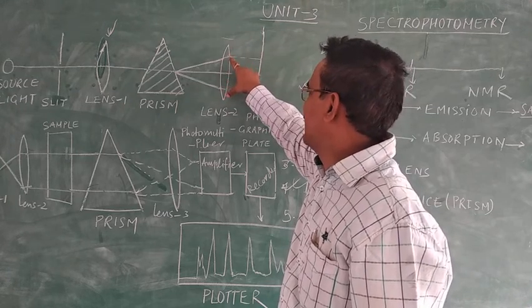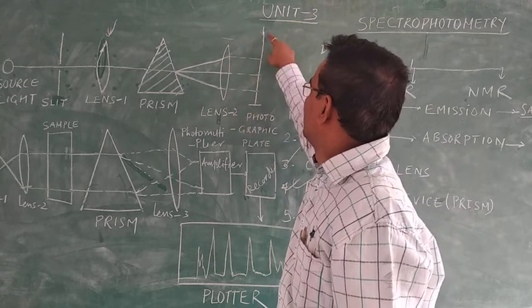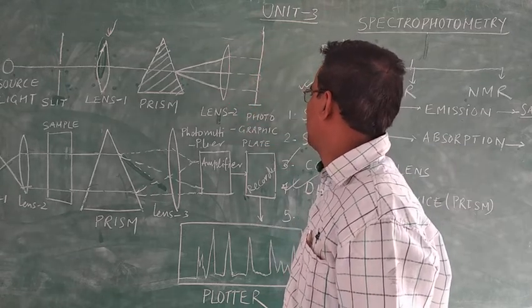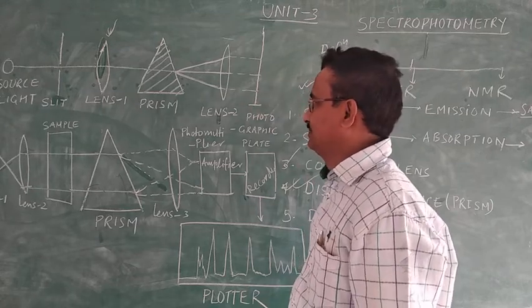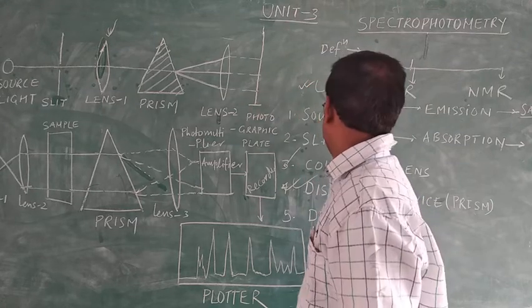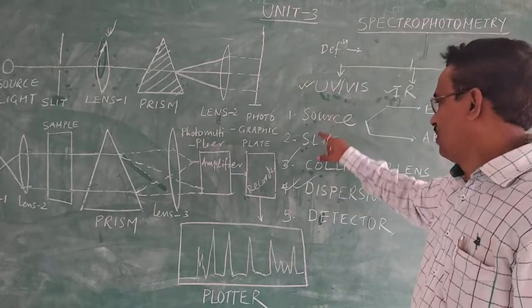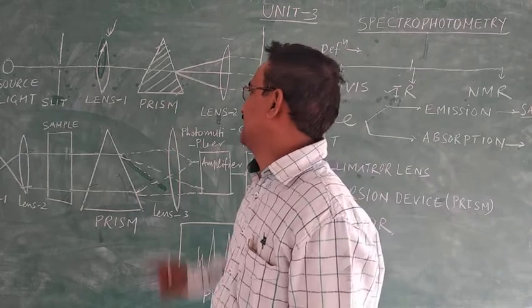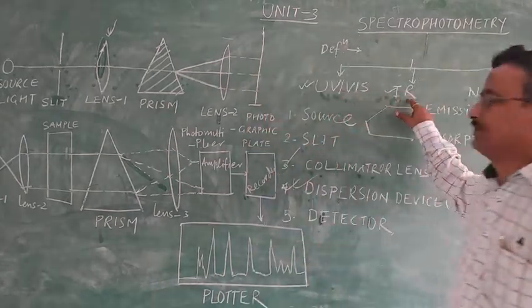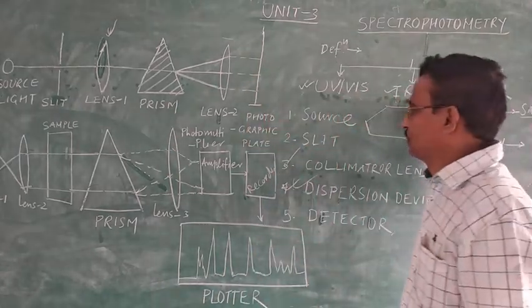When it is passed through lens number 2 and falls on the photographic plane, we can mark the type of the spot. These are devices 1 to 4 present in the UV visible and IR spectrophotometer.